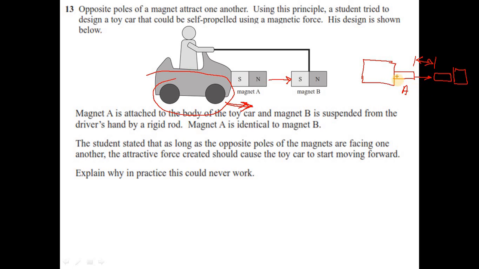But again, it is not self-propelled. You need to use energy to move the second car.